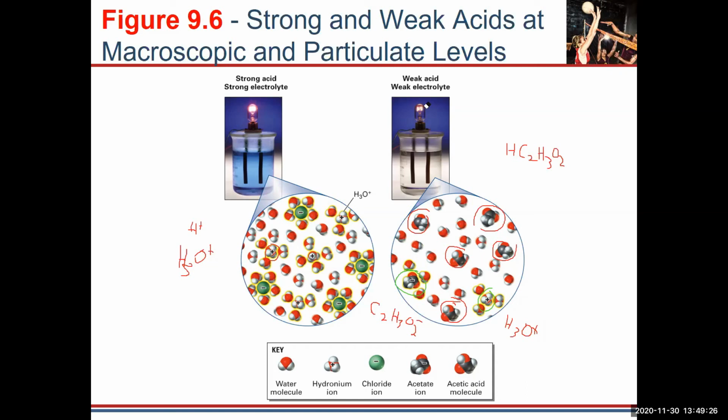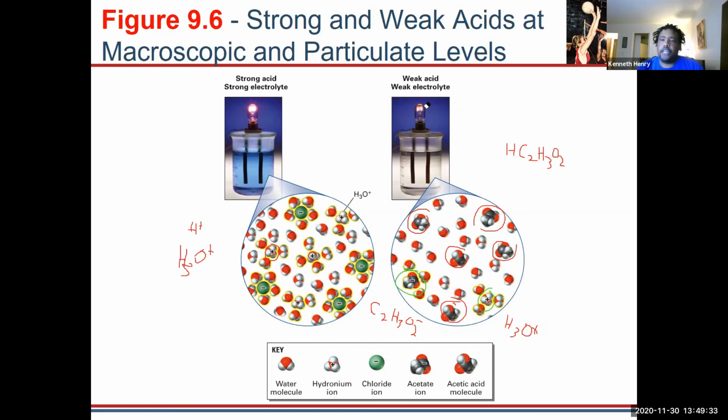Can you be a weak acid and still be major? So major only refers to species, right? Either your major species is going to be the acid being together, or it's going to be the ions. You understand? So major refers to our species.